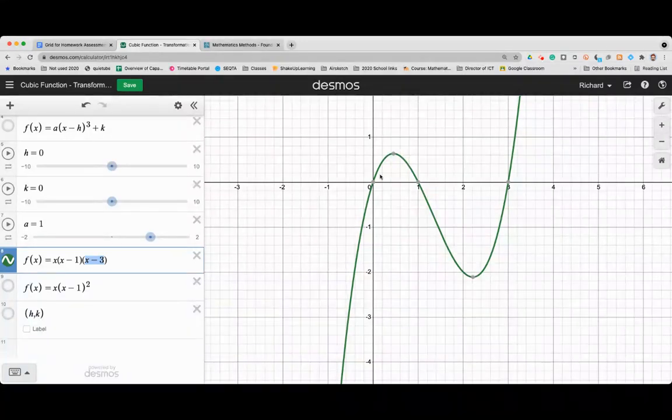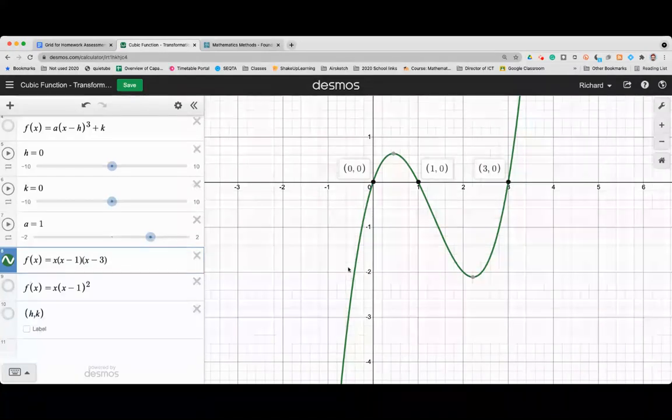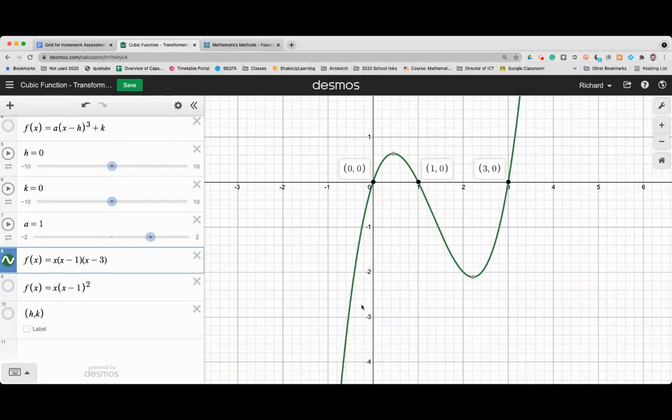So we end up with 3 x-intercepts, or 3 zeros, and then you have the curve going between those two lines. So you end up getting this roller coaster kind of function, like so. Is that okay with everyone? Kind of makes sense.